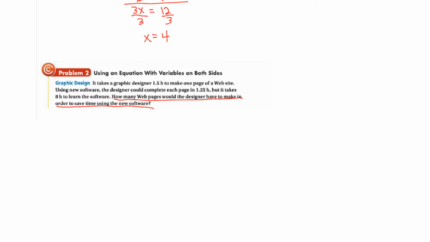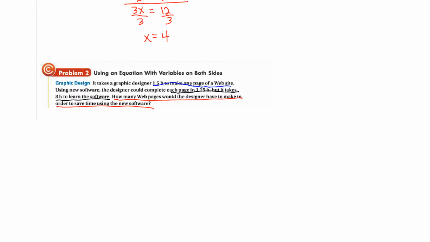So I have the first thing which says 1.5 hours to make one page of a website. And then I have using the new software, it would be each page in 1.25 hours, but it takes 8 hours to learn the software. So if I set this equation up, then the variable I'm going to be talking about here is the number of web pages.